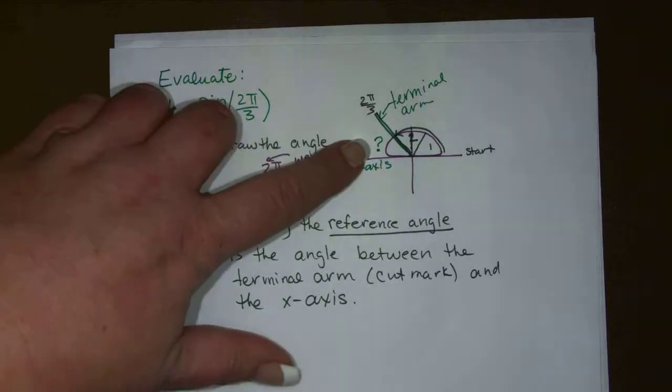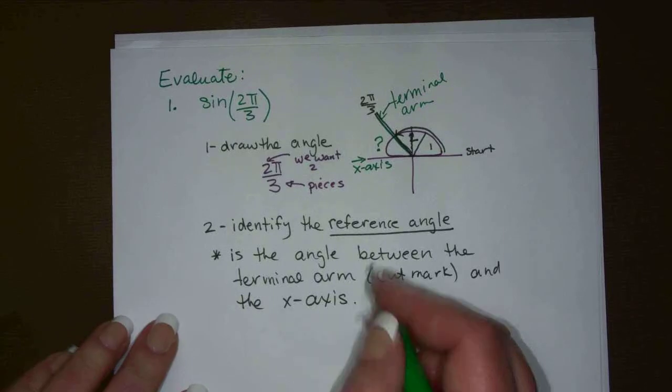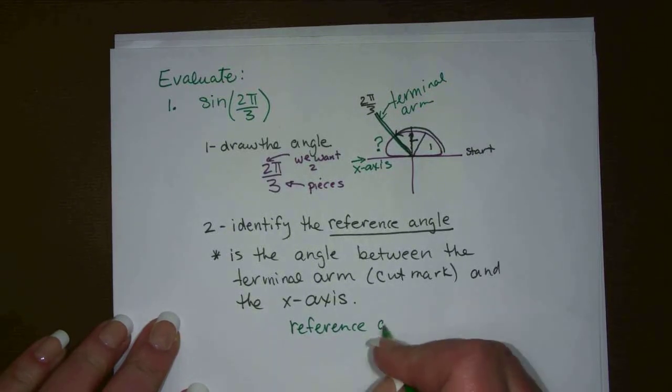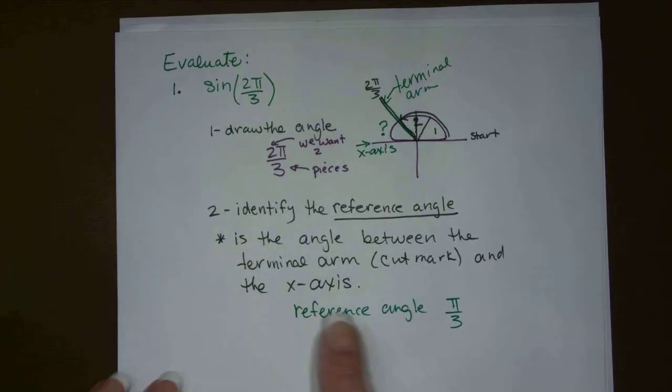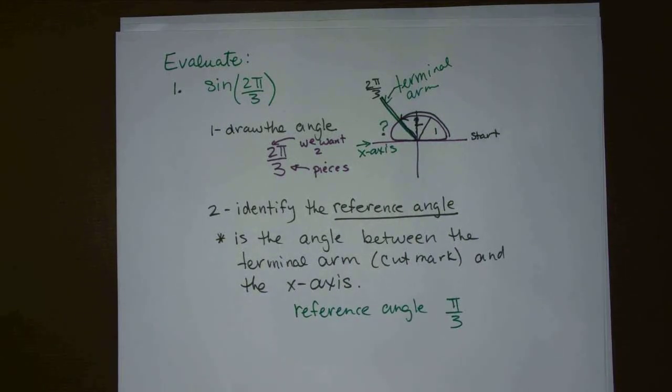How big is that piece? It's a third of the pi, so it's pi divided by 3. So the reference angle in this example is pi over 3. It's the size of that piece, and it's always between the terminal arm that you drew and the x-axis. Step 3.